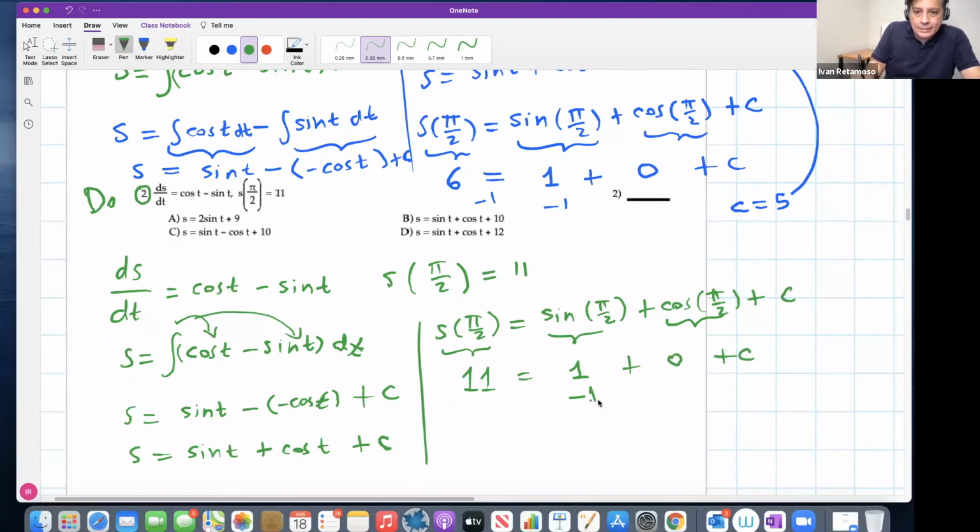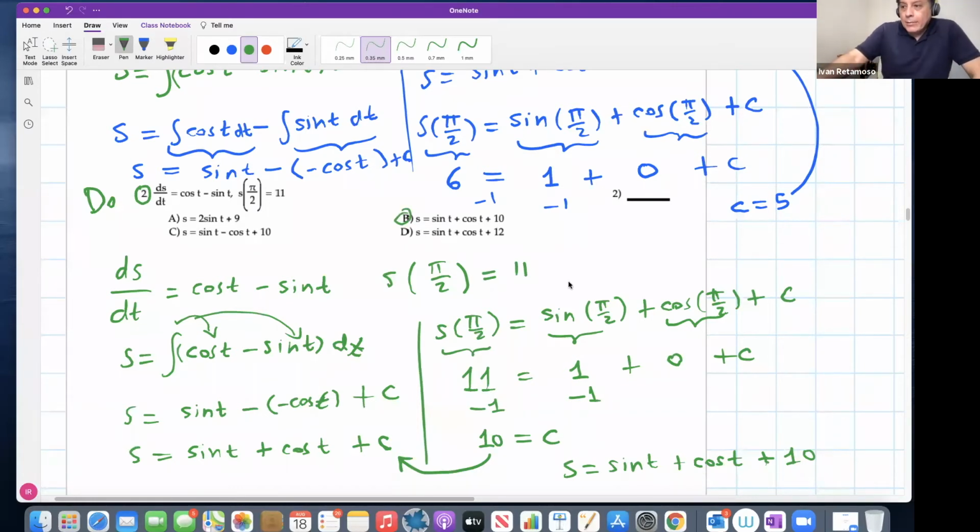Solve this little equation. You will discover that C is equal to 10. Once you get that, you put it here, and there you have your function completely determined: sine of t plus cosine of t plus 10, right? Very good, guys. This is it. Excellent. All right, moving on.